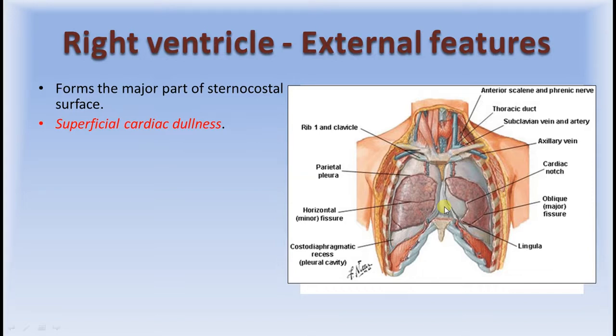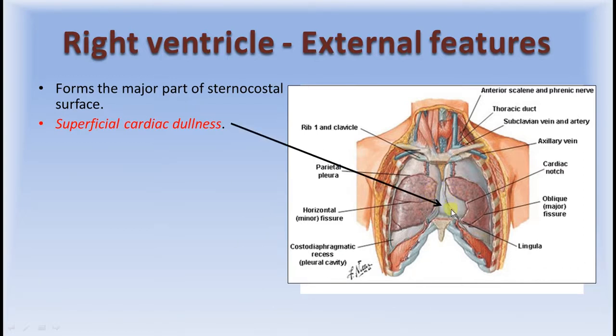Some textbooks also describe a posterior surface formed by the area overlying the ventricular septum, but we will stick to what the majority of books describe: 2/3 of the sternocostal surface, 1/3 of the diaphragmatic or inferior surface, and mainly the inferior border of the heart.